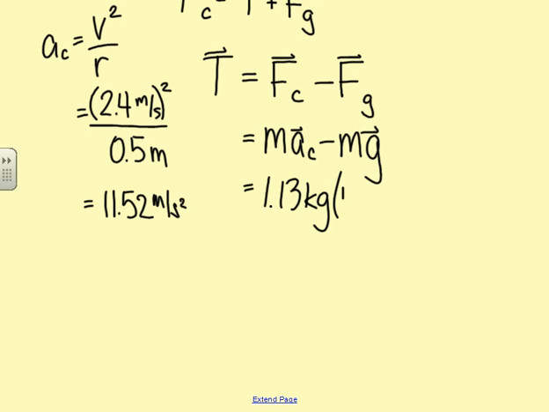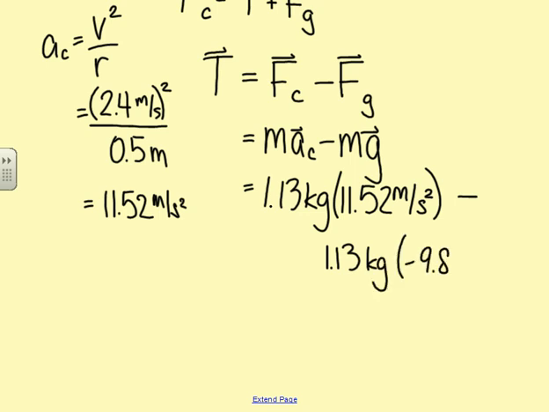So I multiply that by 11.52 meters per second squared minus 1.13 kilograms times negative 9.8 meters per second squared. Plug all those numbers into my calculator, and I find that the tension is equal to 24.09 newtons.